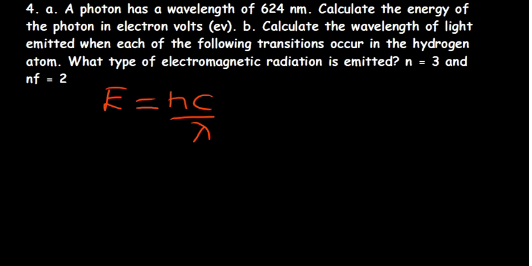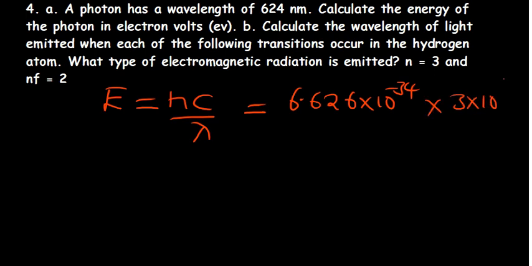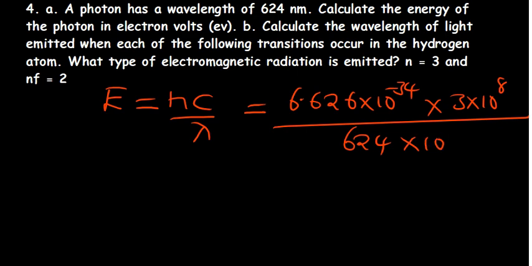So let's plug in the values. Planck's constant is 6.626 times 10 to the power negative 34. The c, which is the speed of light, is 3 times 10 to the power 8, divided by the wavelength 624. Now nano means times 10 to the power negative 9, so in other terms we are dividing by that.